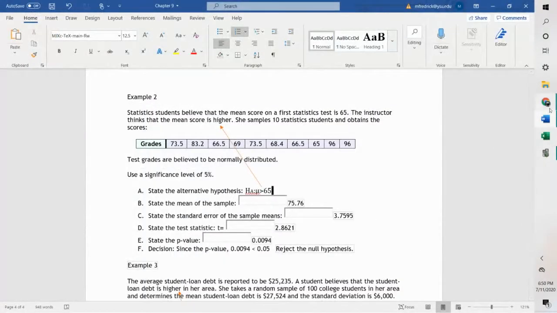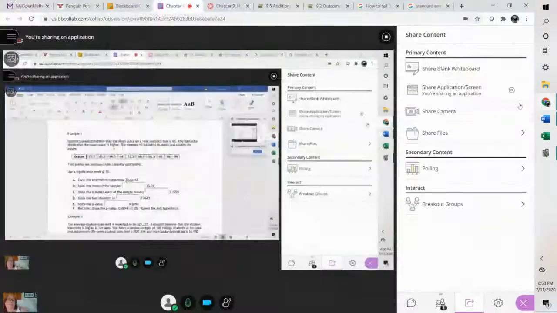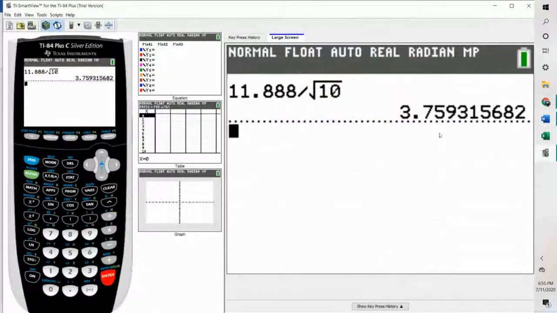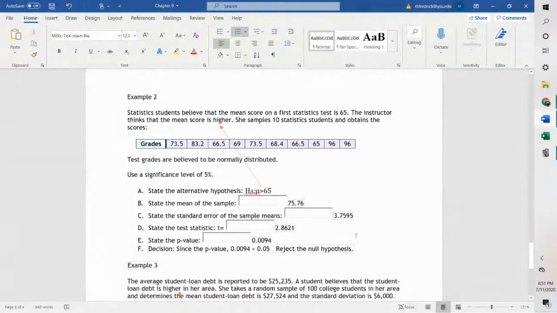Oh, they went larger. 3.7593. 3.7595. Now see the decimal, depending on how you're solving it, you could have these little decimal errors.